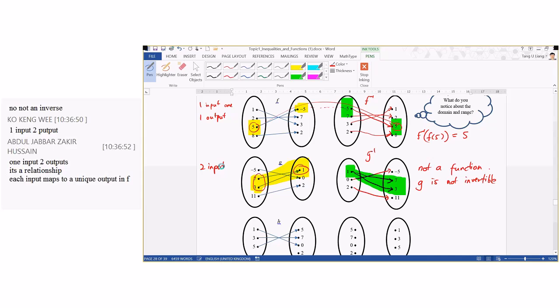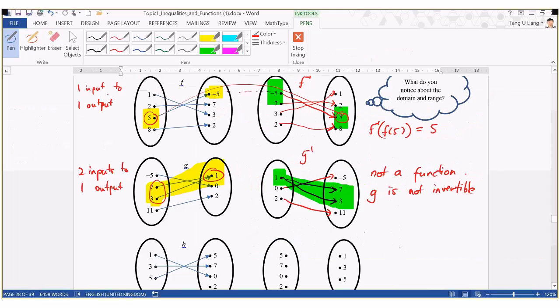And I think you all can see that for F inverse, it's really necessary that 1 input maps to 1 output. Okay, because every output has a unique input mapping to it. Okay, I'm going to write here. Let's get this down. Every output has 1 unique input mapping to it. 1 input to 1 output.